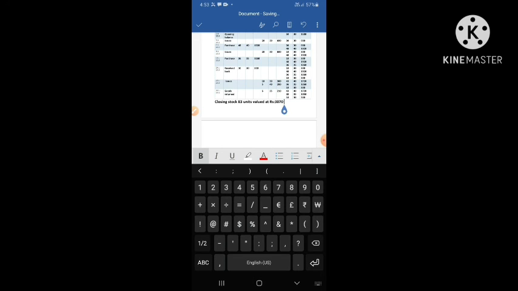And then we should write how these 83 units and 3070 rupees came.